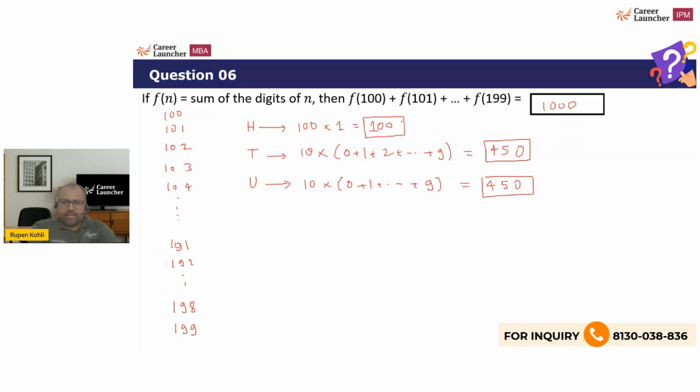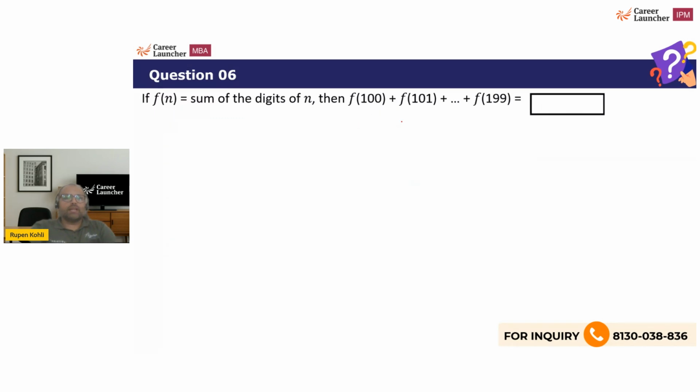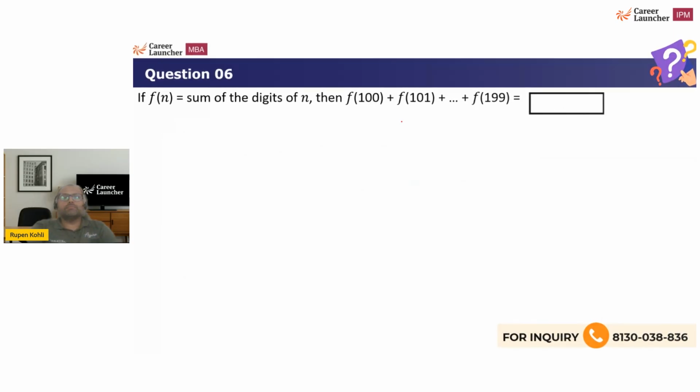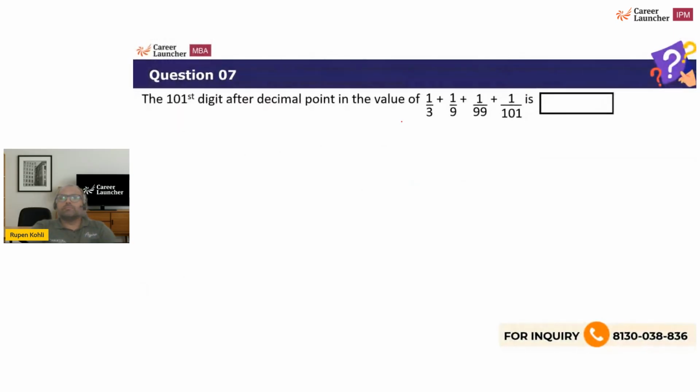Okay, well, next one. Let's see. Look at this one. The 101st digit after the decimal point in the value of this sum of these fractions. So let me explain the logic behind this question.